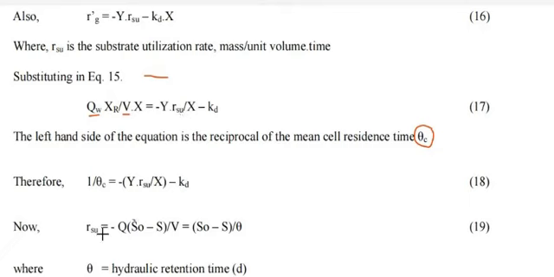Now we write in terms of r suffix SU, which is a substrate utilization rate. If you want to calculate the substrate utilization rate, then you have to consider the mass flow rate, the initial concentration of the substrate, the substrate concentration in the effluent, with the volume of the aeration tank.